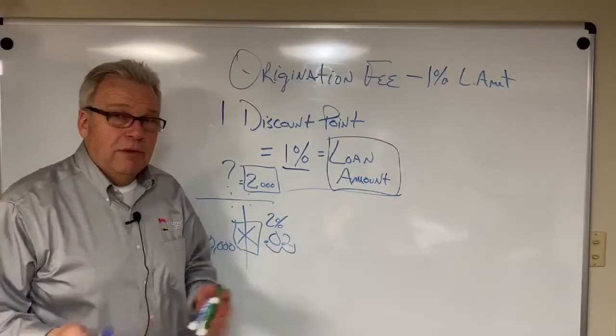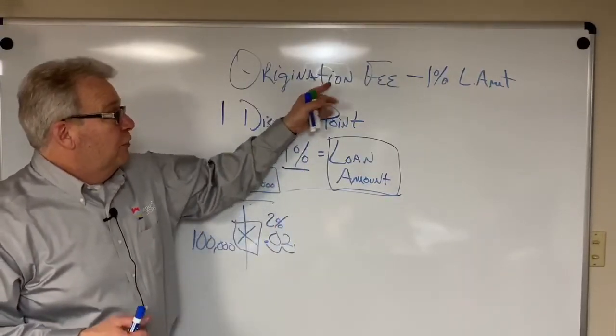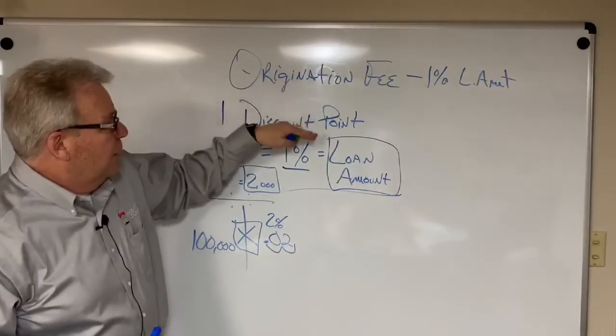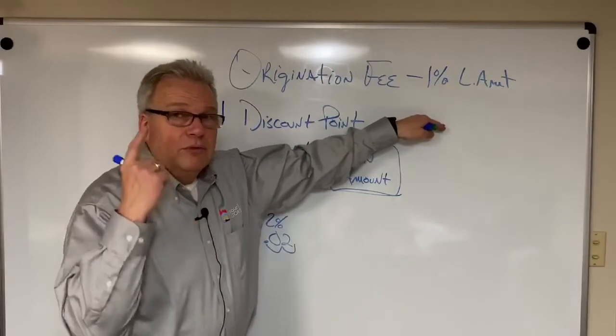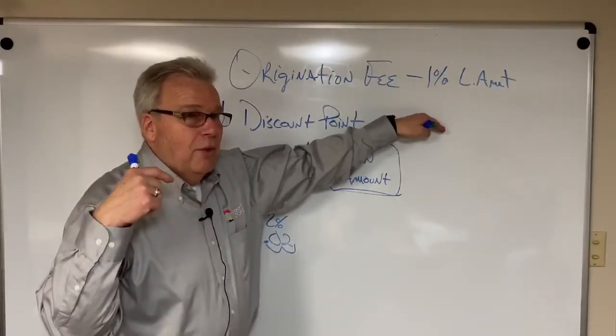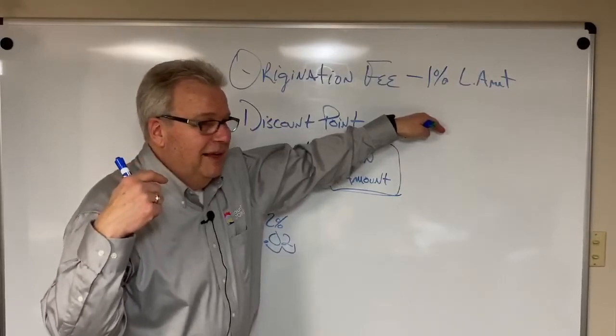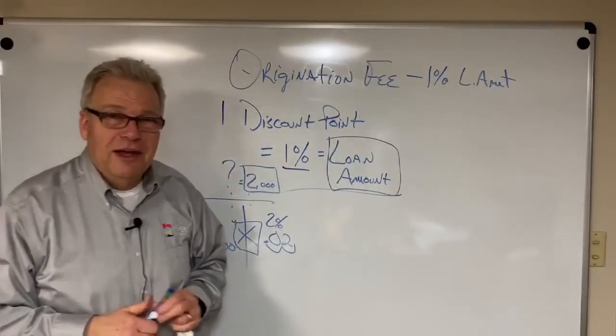So just remember, if you see those on the exam, whether it's an origination fee or a discount point, they are always 1 point equals 1% of the, I'm waiting, I'm listening, loan amount. I heard somebody in South Dakota, good job.